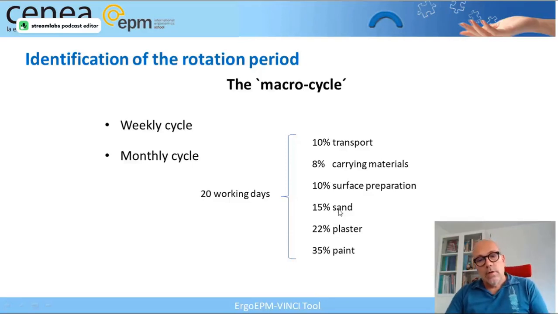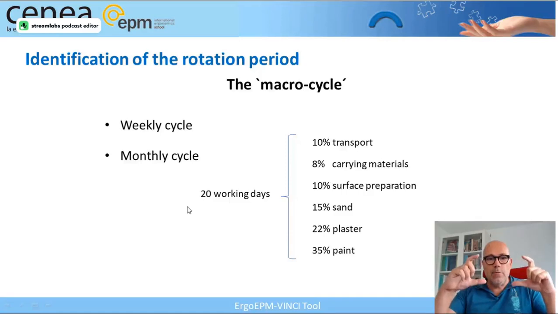And then you have to clean up. Must sand. Must fill. And finally, 35% of the time paints the walls, the surfaces. And this monthly pattern is repeated throughout the year. What is the person's risk now?